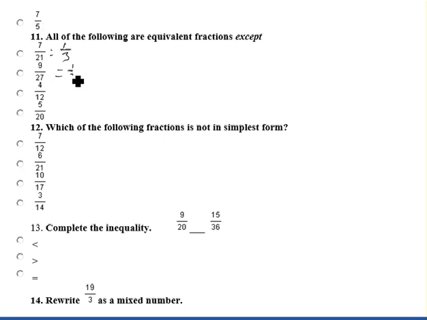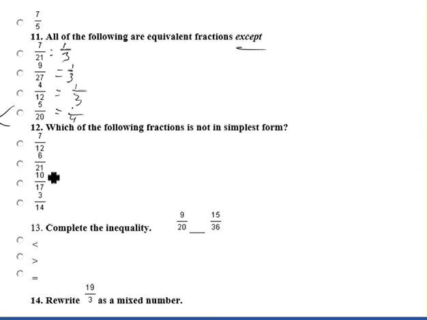Those are equivalent. 4 and 12. 4 goes into 4 once. 4 goes into 12 3 times. And now, this is an except, so I know this has got to be the right answer. Because the first 3 are equivalent. But let's just do it anyway. 5 goes into 5 once. 5 goes into 20 4 times. That one is different than the first 3.